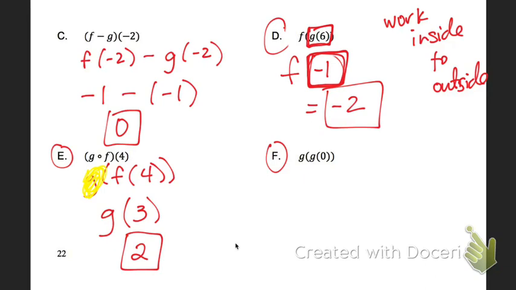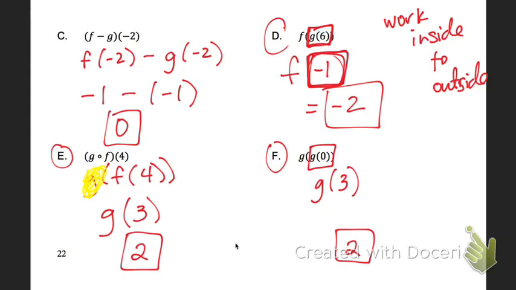Okay, last one. Try F on your own. I'm going to give you the answer. Okay, so for F, you get 2.